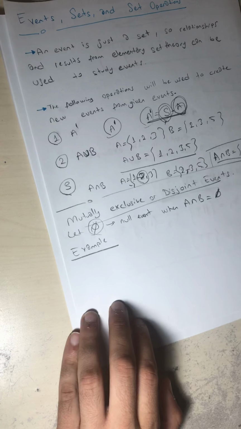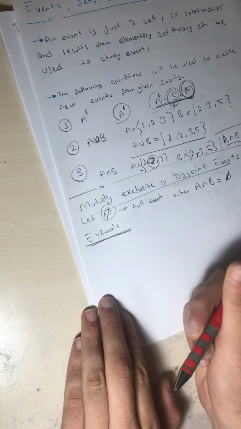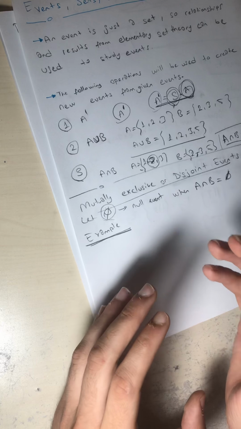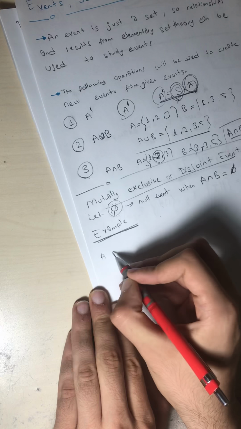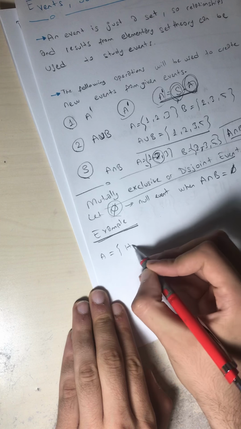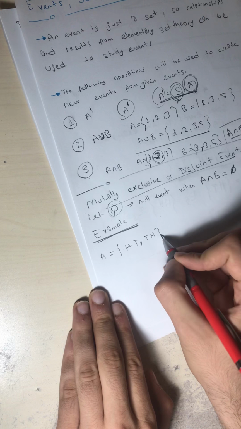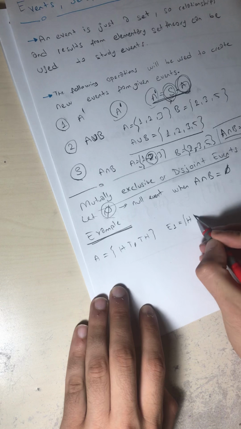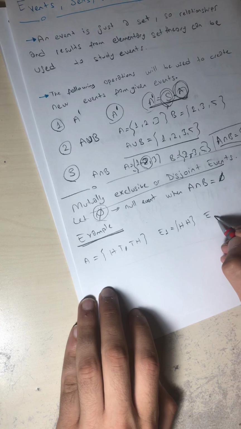Okay, let's solve an example. For the experiment of tossing two coins, let the event A be equal to HT, head and tail, and TH, and E1 is equal to HH, and let's say E4 is equal to TT.